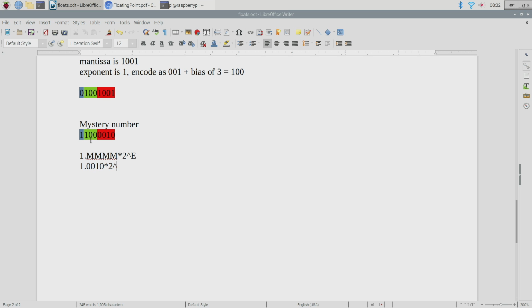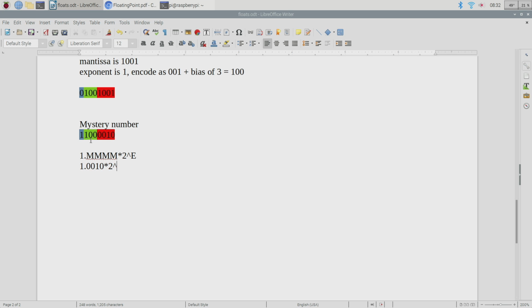So what's encoded for our exponent? What's the number in green there? It's encoded as 4. What does it count as? 1. How did I go from 4 to 1? I subtracted 3.